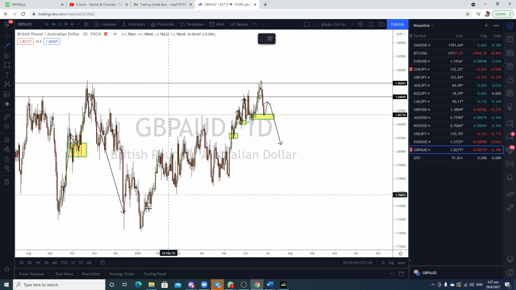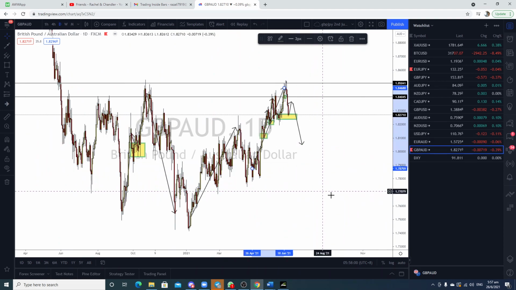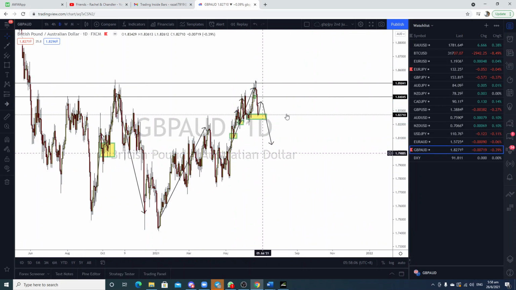Why? As I say, same logic. It's overextended. It needs to drop to gain some liquidity in order to go higher. Can this go up? Yeah, but not this way. At this rate, this is not a good location for us to buy.